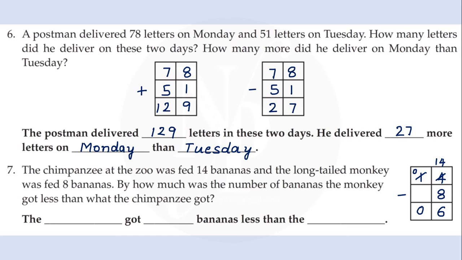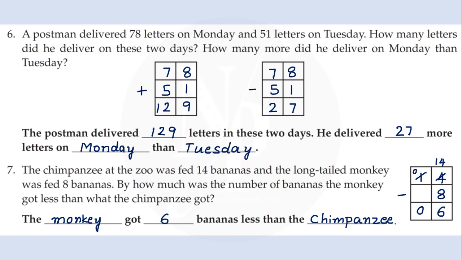So we should write the monkey got 6 bananas less than the chimpanzee. So what should we write here? The monkey, M-O-N-K-E-Y, the monkey got 6 bananas less than the chimpanzee, C-H-I-M-P-A-N-Z-E-E.